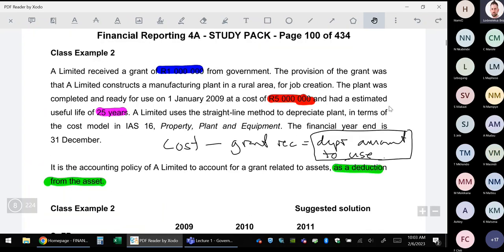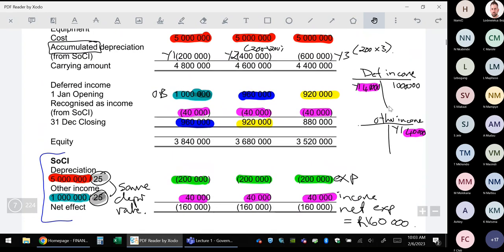If it is income-based and we write off the asset over a useful life of 25 years, and we recognize the income from the grant from deferred income to other income, also over the same depreciation rate of 25 years, then the net effect is also 160. So the two methods give you the same answer in the income statement. It is just how we account for it that is different.